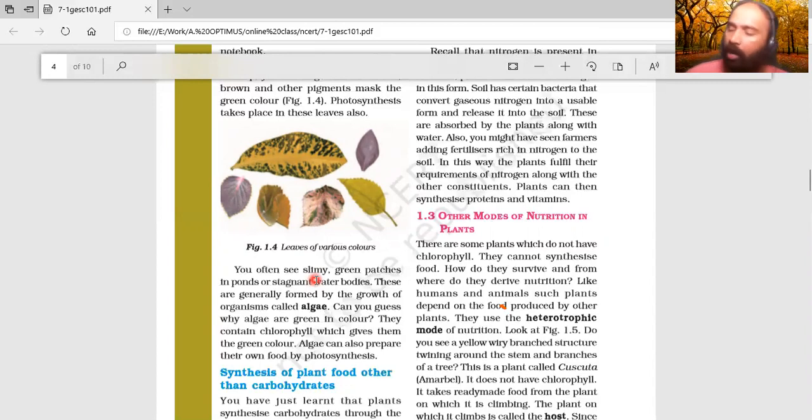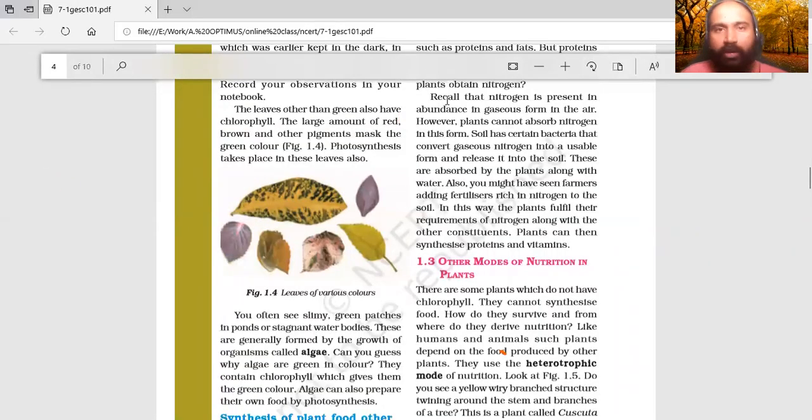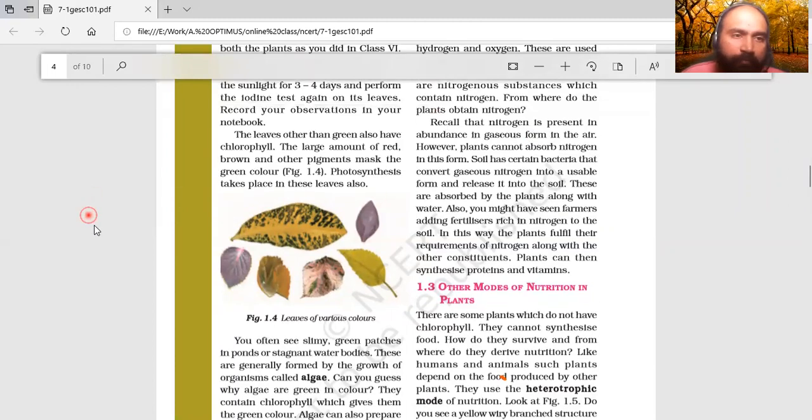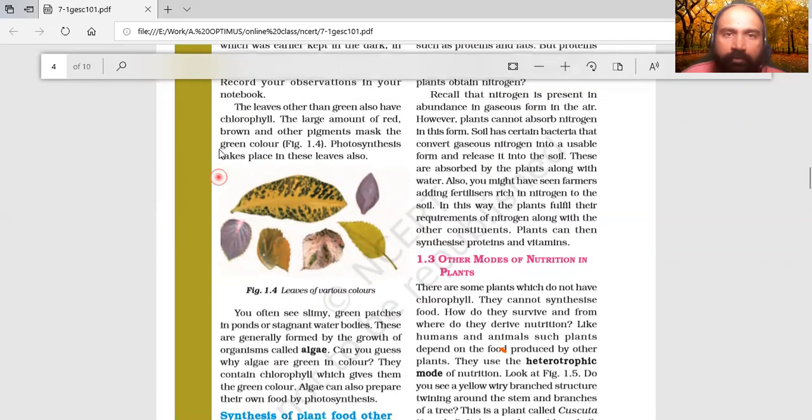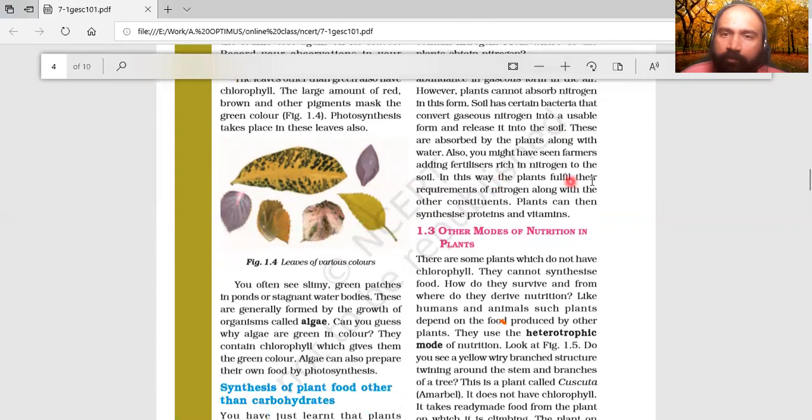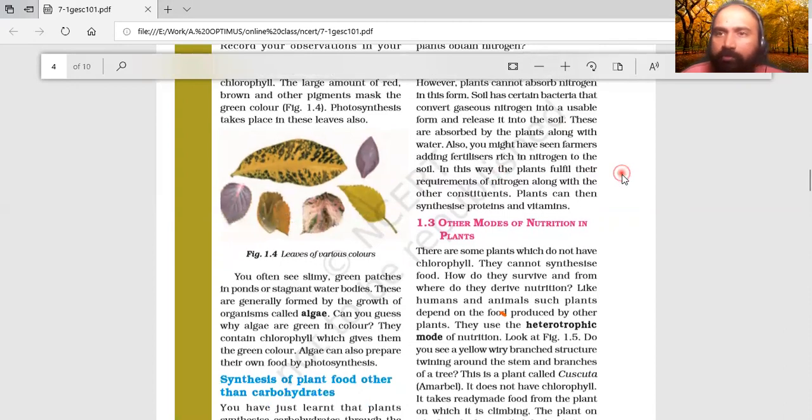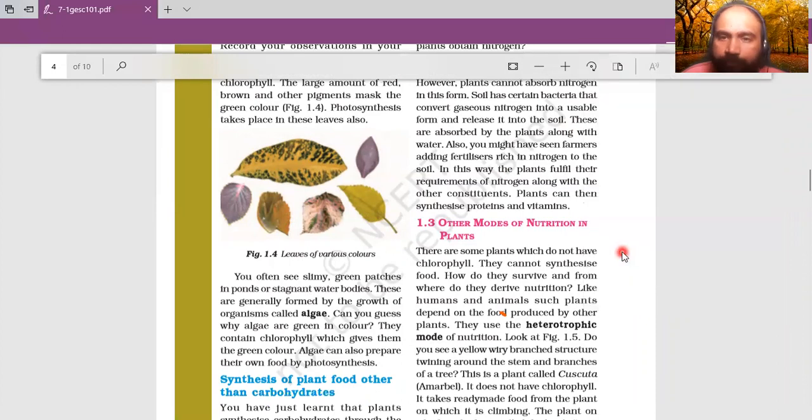One basic thing which you should always remember: some organisms require protein. Let me decrease the size of this. I will use another pen. That's better. Now protein. Apart from carbon dioxide, the plant also requires protein.